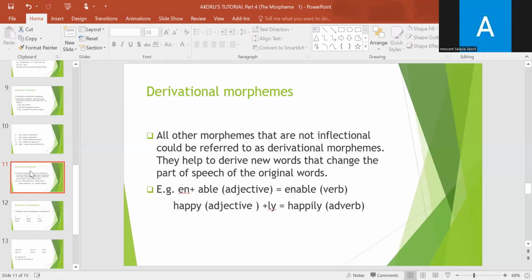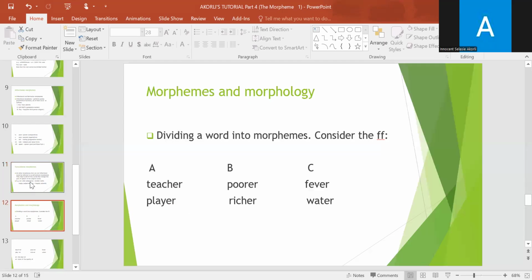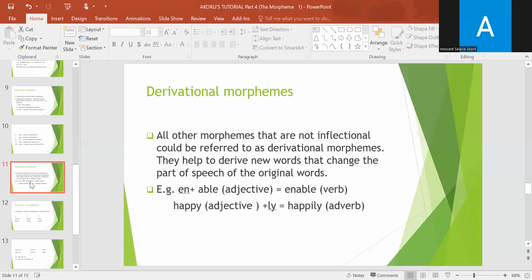And then if you add en to it, you're going to get enable, which is a verb. Happy is an adjective. If you add ly to it, you're going to get happily, which is an adverb. So look for more examples yourself.